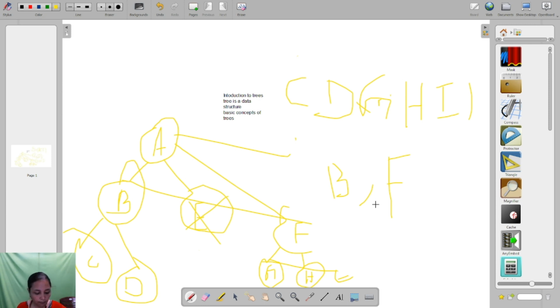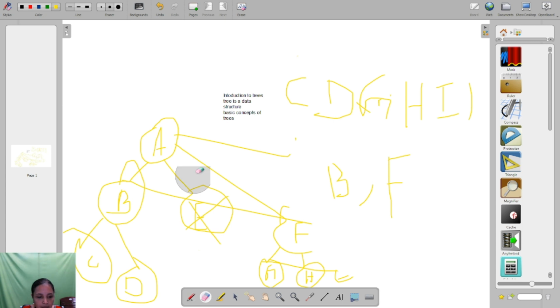Here we saw parents, children, siblings, leaves and internal nodes. These are the basic concepts of trees. Next we go to see binary trees.